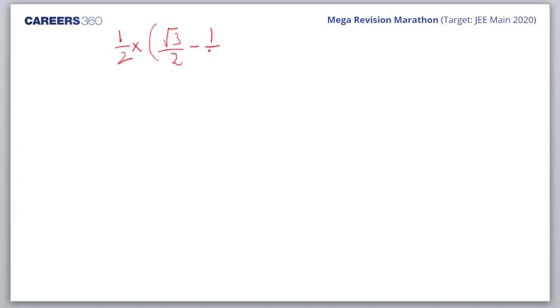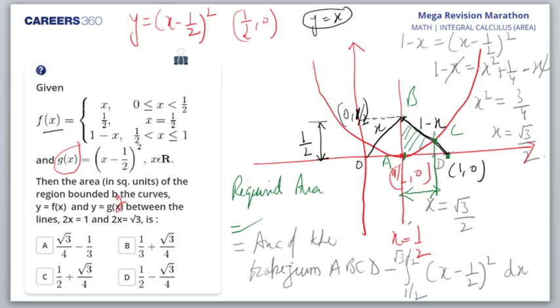Then I have the sum of the parallel sides. The sum of the parallel sides means AB, which is 1/2, if you remember, and CD. Now this is to be understood, this length we are trying to calculate.